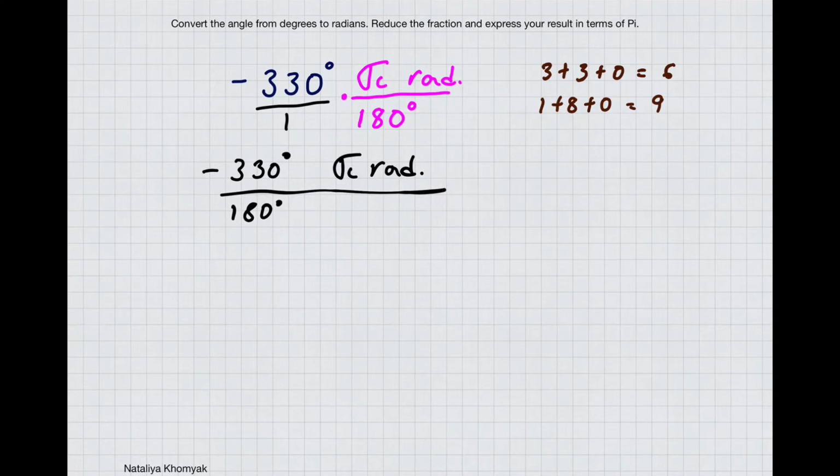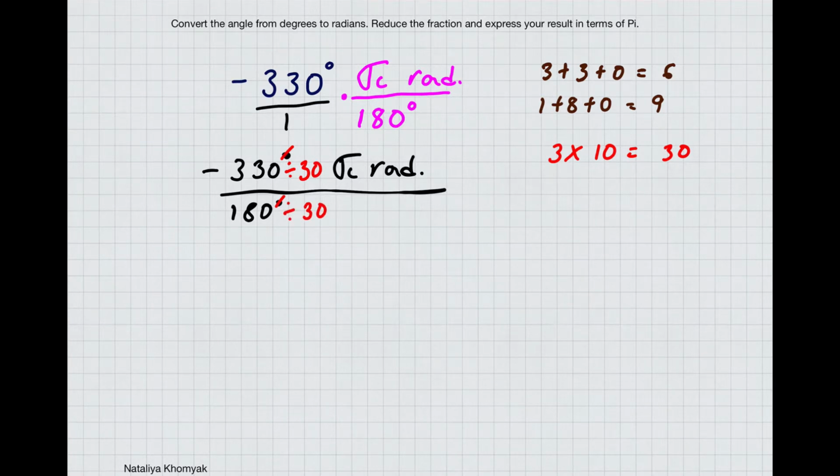If you can divide two numbers by 10 and 3 at the same time, you can also divide those two numbers by the product of 3 and 10, which is 30. So I'm going to cancel out degrees, and I'm going to divide numerator by 30 and denominator by 30.